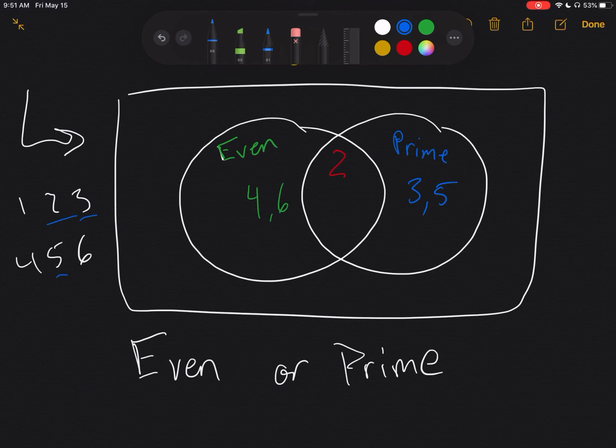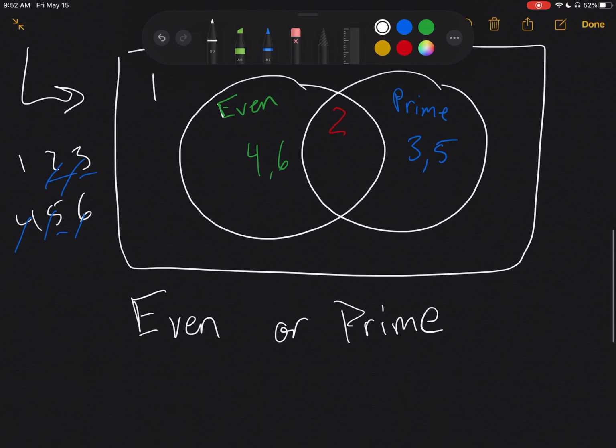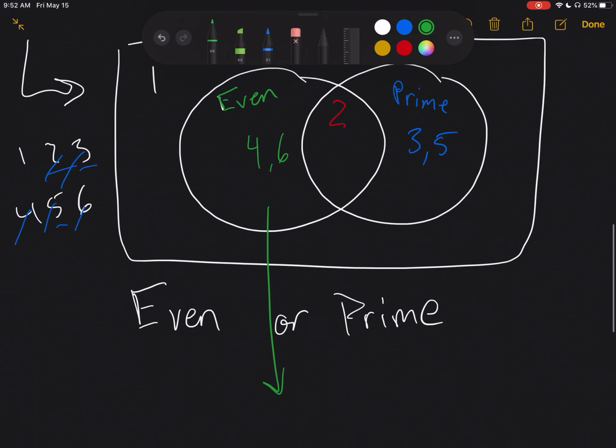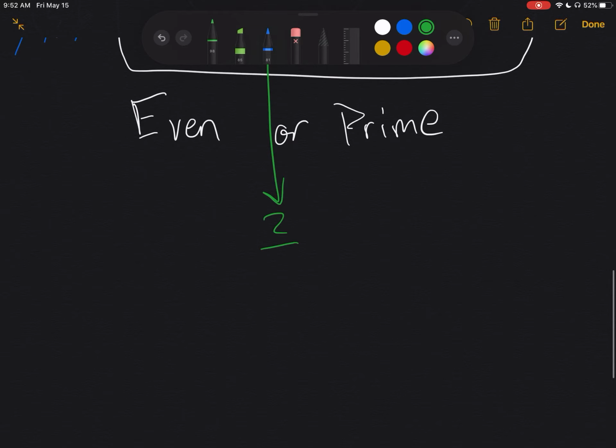Okay, and so I've counted 2 somewhere, I've counted 3, I've counted 4, 5, 6, and 1 hasn't been counted anywhere, so that'll be outside of both the circles. It's neither even nor prime, right? And so if I wanted to say what's the probability of being even or prime, well, I've got a 2 in 6 chance of being just even and not prime.